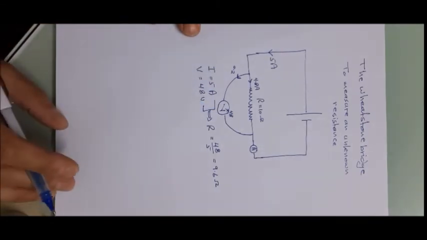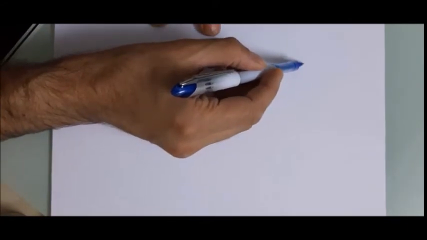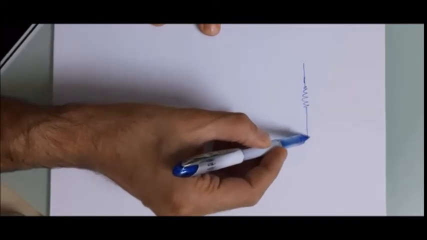So what is the Wheatstone bridge? Let's see. Now, the idea of the Wheatstone bridge is the following. We use 4 resistors connected like this.